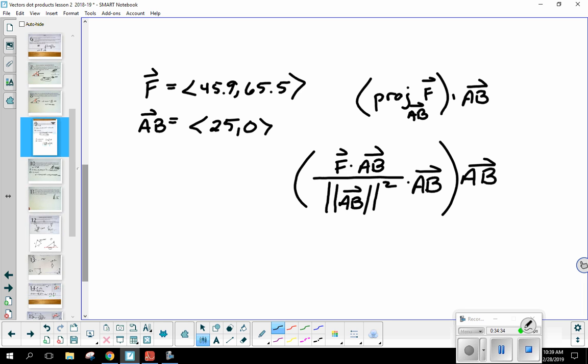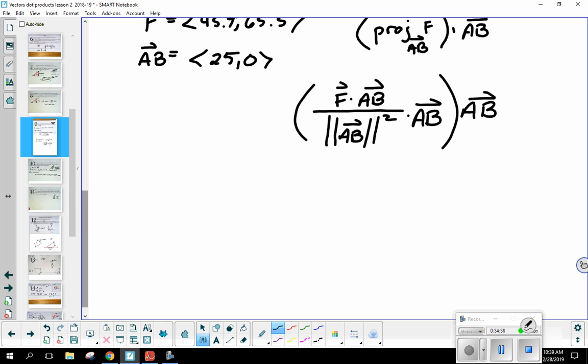The force vector was 45.9, 65.5, dot AB, so that would be 25.0. That takes care of the numerator. Over, now we want to find the squared magnitude of AB.